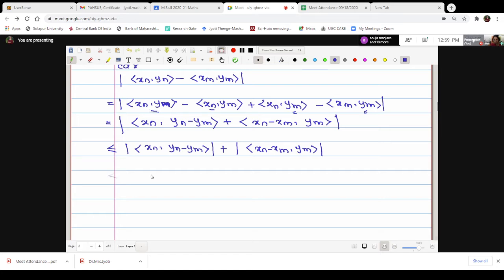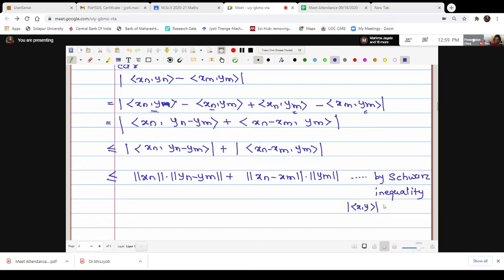Therefore this is less than or equal to norm xn into norm yn minus ym, added with norm xn minus xm into norm of ym.